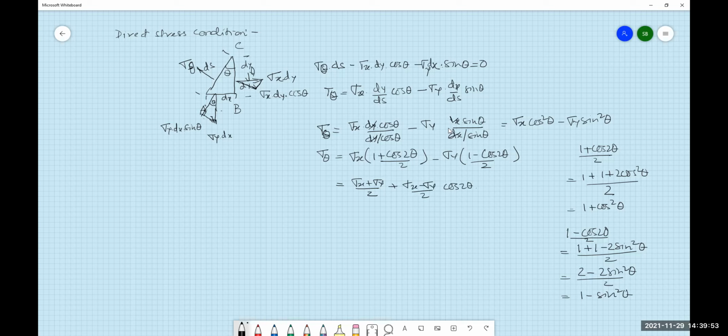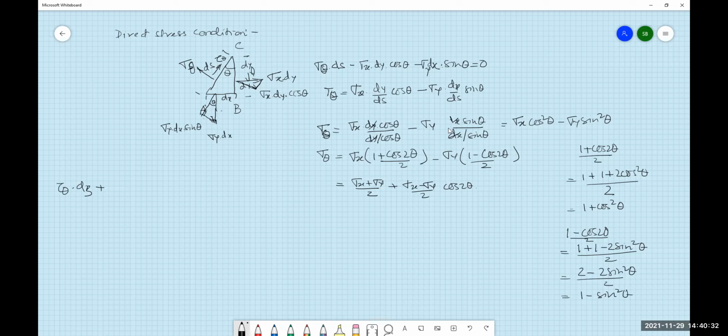Now, if we draw the tau, or the shearing force which is acting in this direction, it becomes tau theta. So tau theta multiplied by ds, plus sigma x into dy, the component which is acting in this direction, and the vertical component of it, that is sine theta.